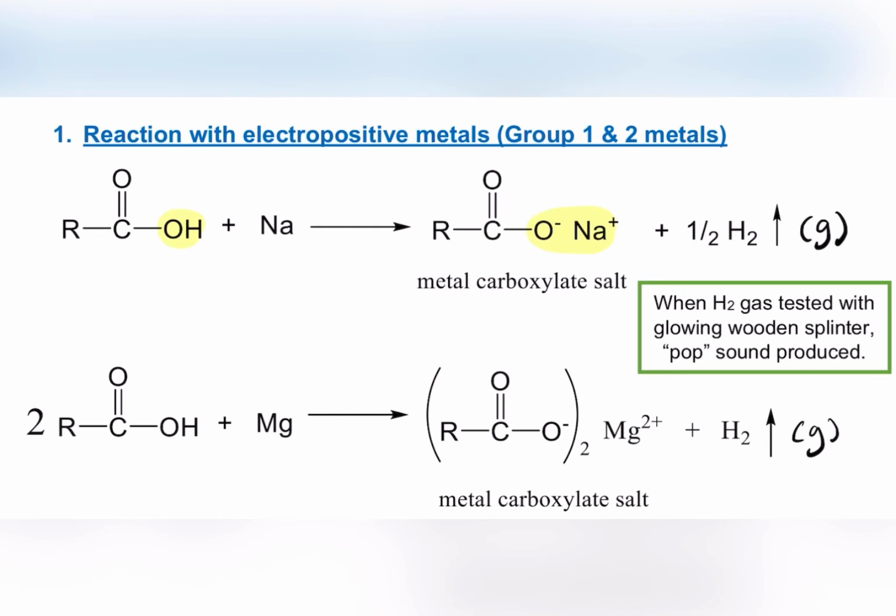As you see here, when you want to balance the chemical equation, you have to put 2 in front of your carboxylate salt to indicate 2 metal carboxylate salts on the right side together with Mg2+ and H2. All of this must be balanced with the left-hand side, so don't forget to put coefficient 2 in front of your carboxylic acid.